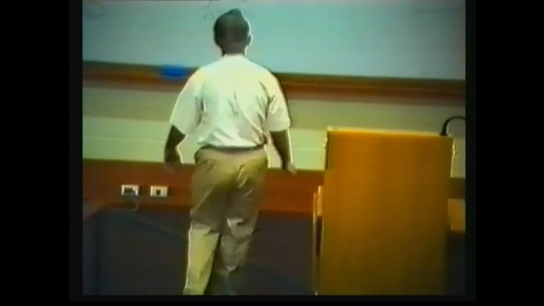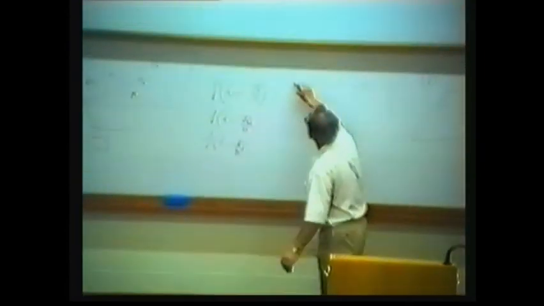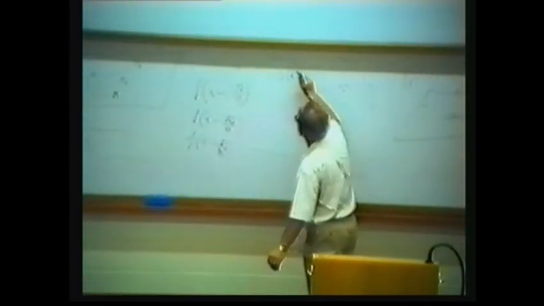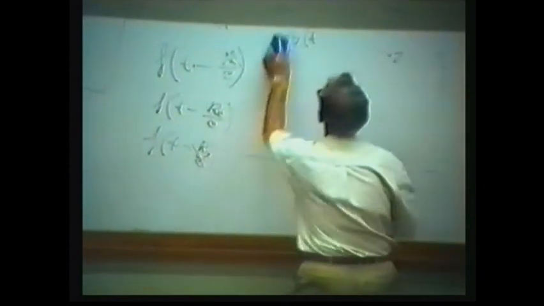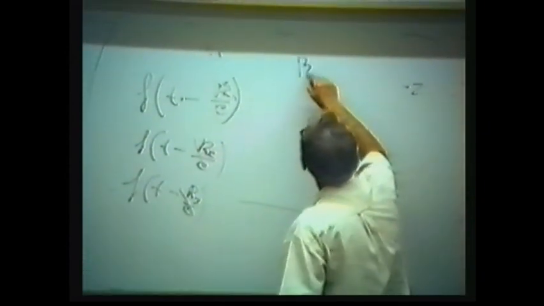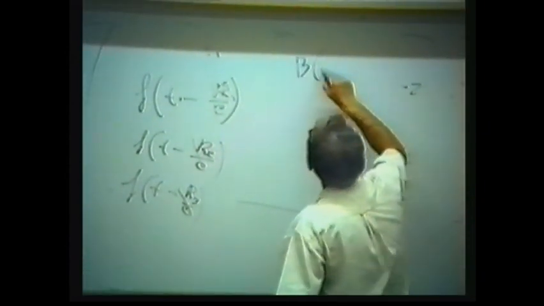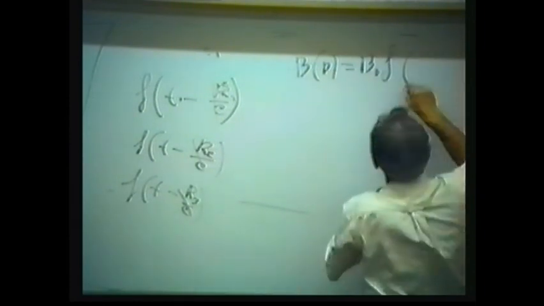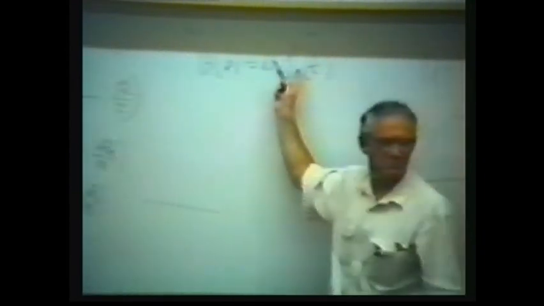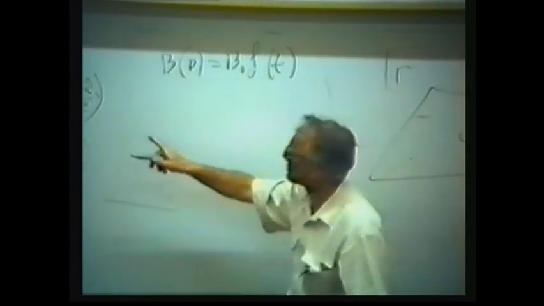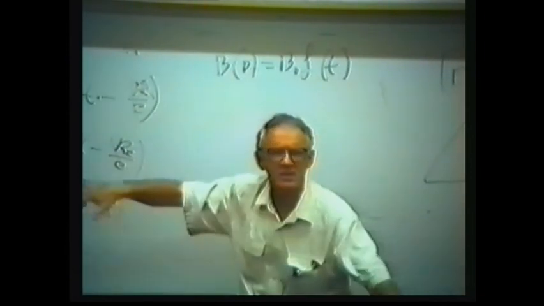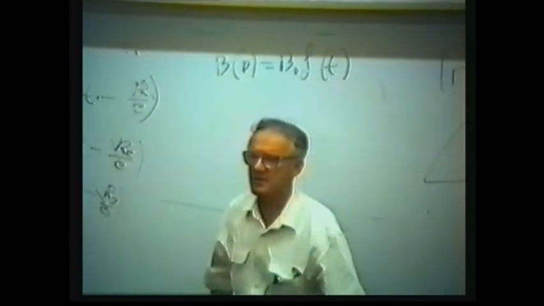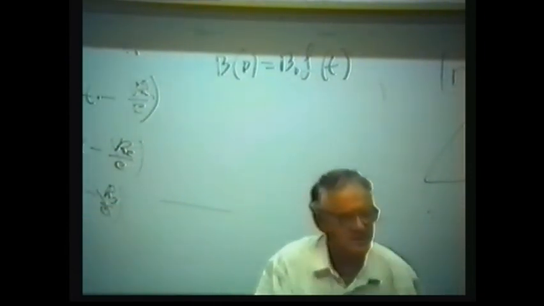So each time when the magnetic field, just a second, let me write, B at point P equals B naught times F(t), the same function. No, these terms are absent. This field is called quasi-stationary.